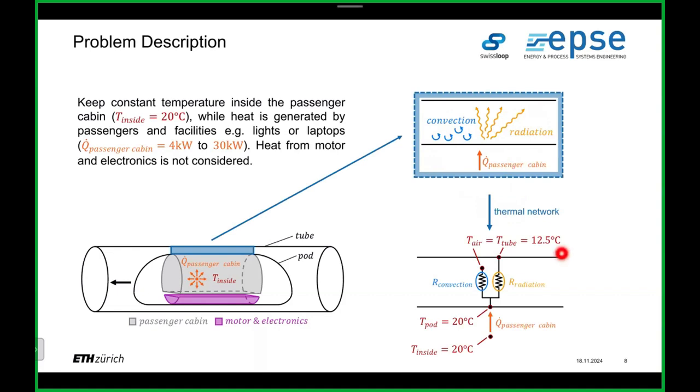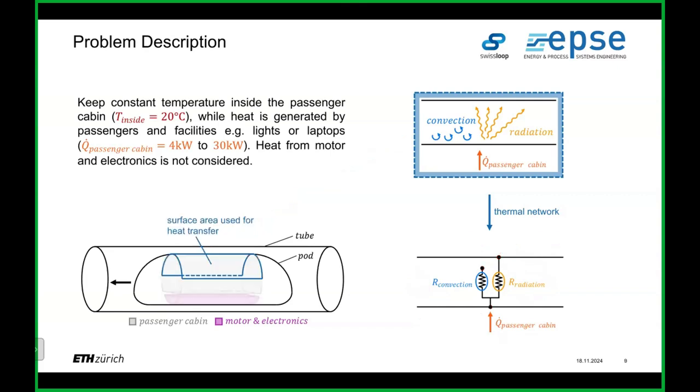I had to calculate the thermal resistances for convection and radiation, and after that I could calculate the heat dissipation and look whether this heat dissipation is in the desired range of 4 to 30 kilowatts or not.